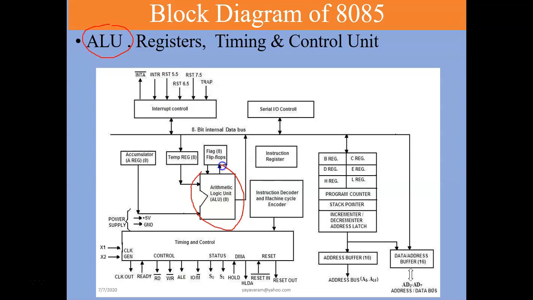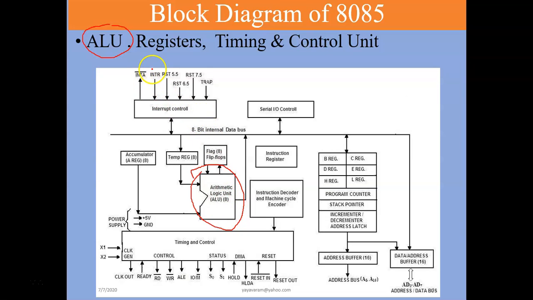That means it performs all the arithmetic and logical operations, because you know already that the microprocessor is a processor which will perform arithmetic, logical and control operations. So all the arithmetic, logical operations are performed by ALU. It is also called 8-bit ALU. That's why in the brackets you see the number 8.